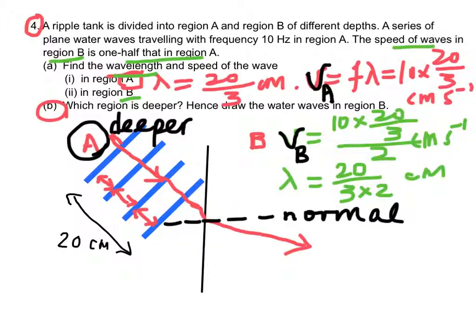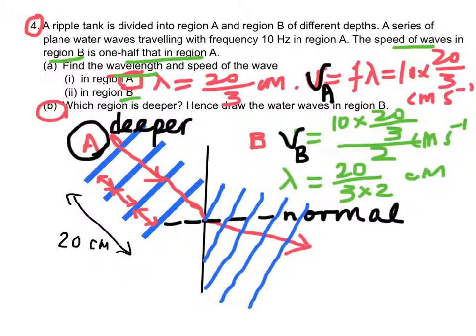Therefore, the water wave in region B will be something like this one. Notice that since the speed decreases, the wavelength lambda also decreases.